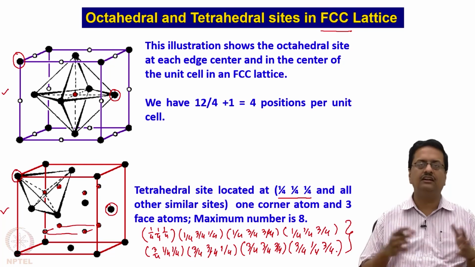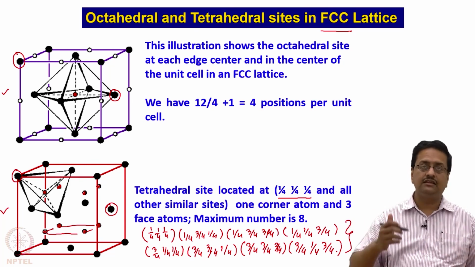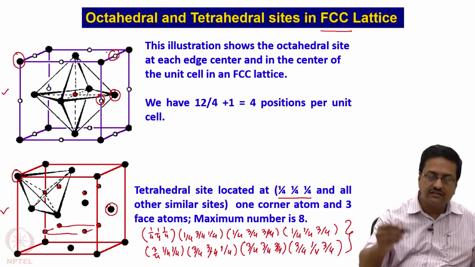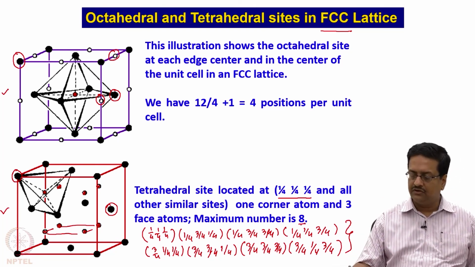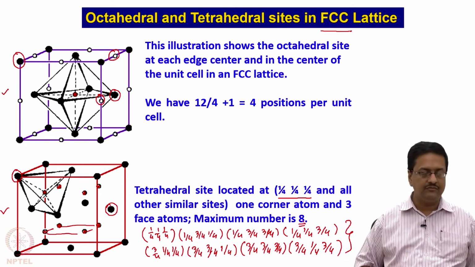They are not shared by other unit cells, like the edge center atoms in the case of the octahedral sites. So they correspond to the 8 cations that can be placed inside the lattice.